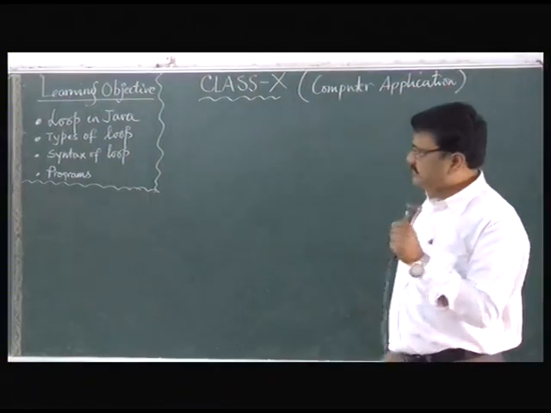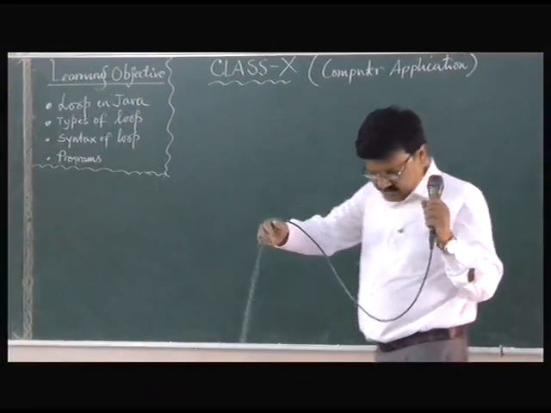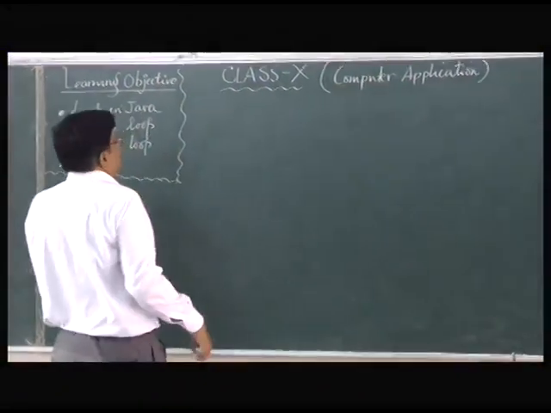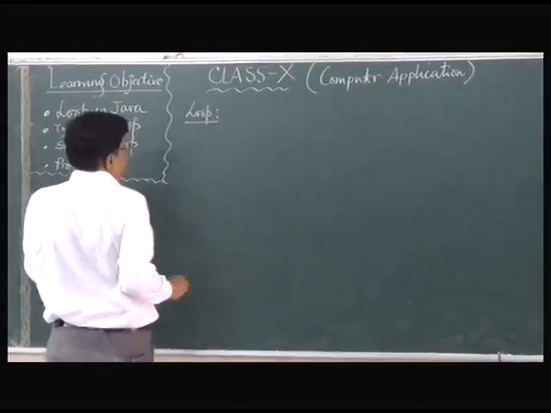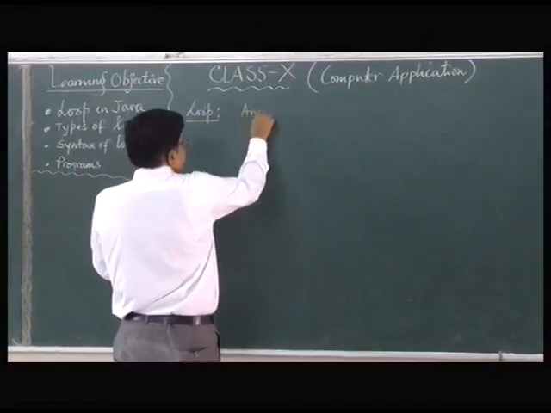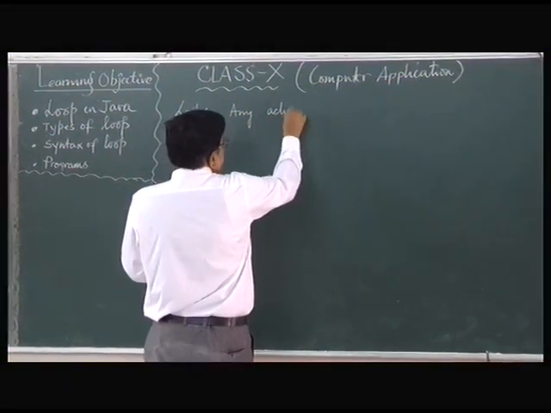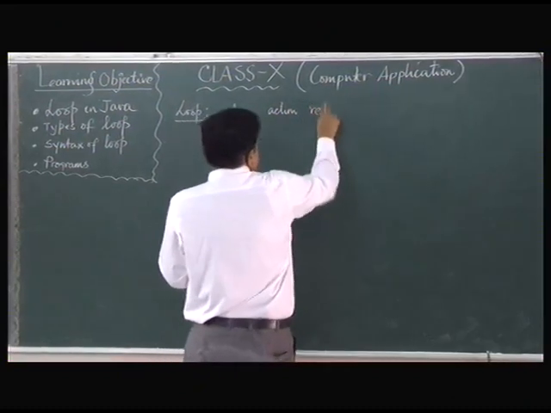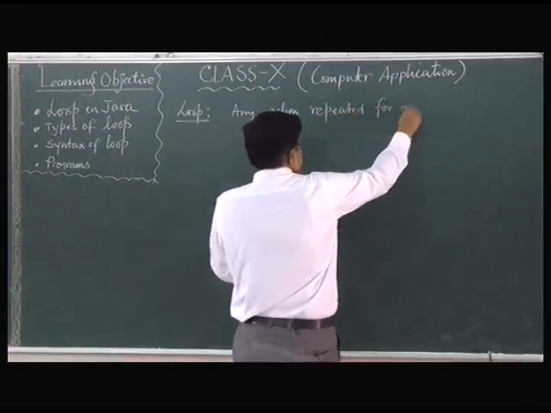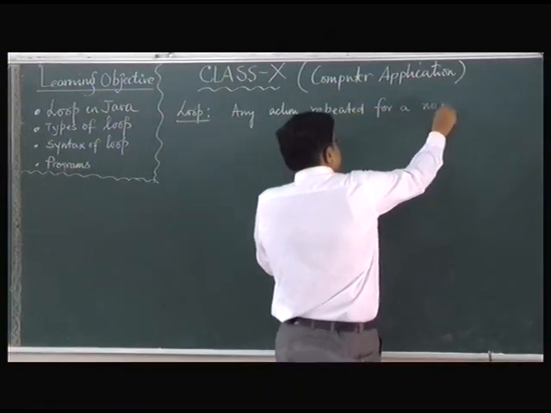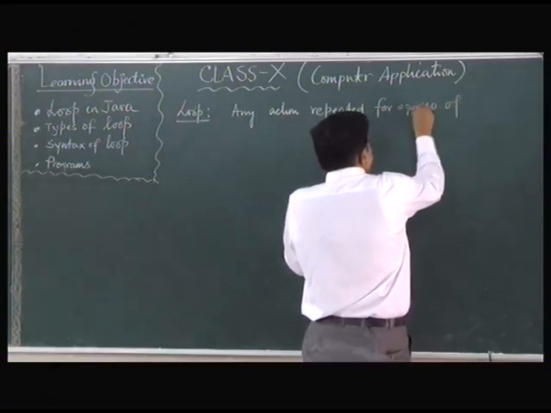So we start today with what is actually called looping in Java. What do you mean by a loop? Looping means any action repeated for a given number of times.